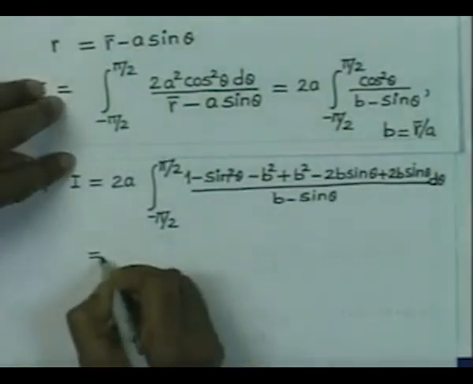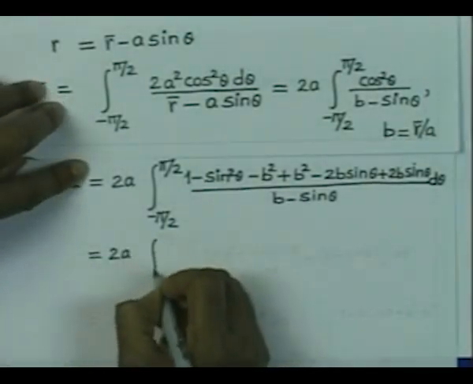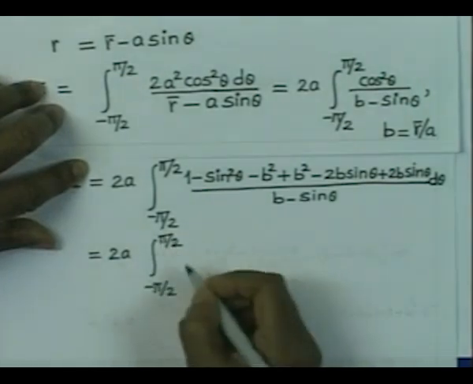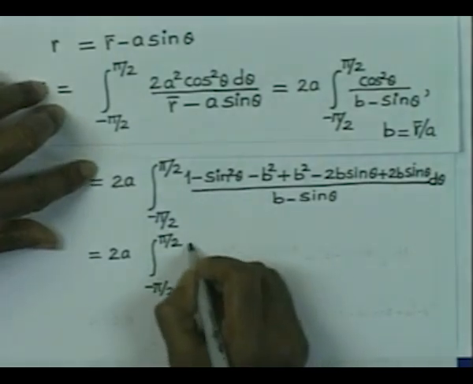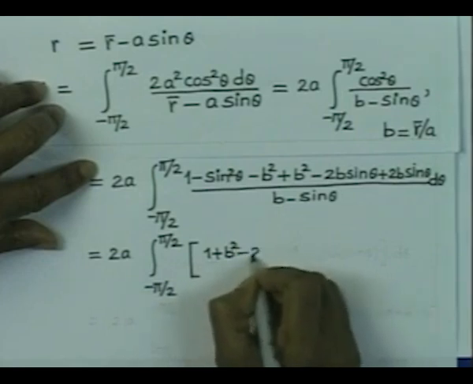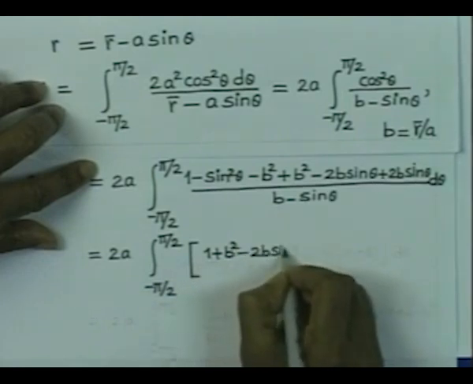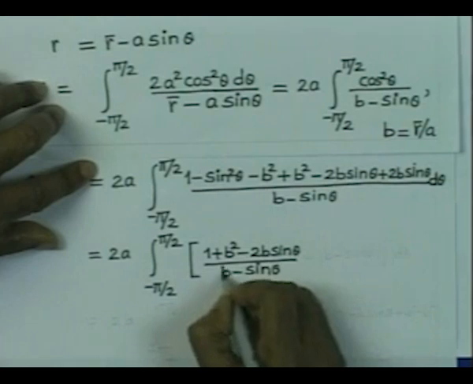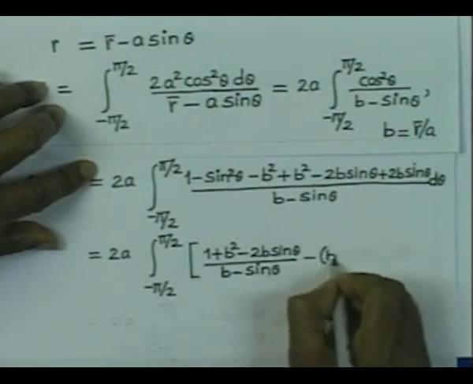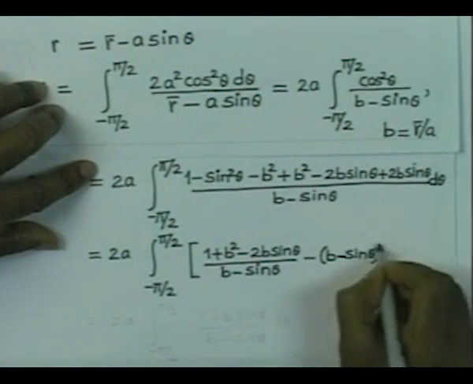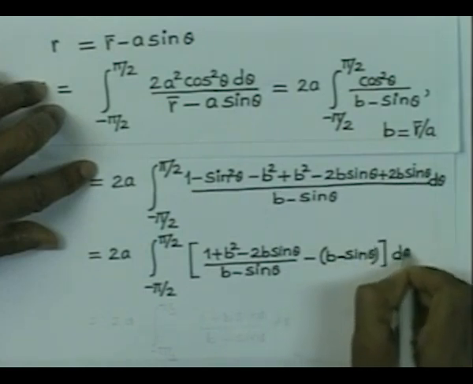This will become 2a, integral minus pi by 2 to plus pi by 2 of (1 plus b square minus twice b sin theta) by (b minus sin theta), minus (b minus sin theta) d theta.